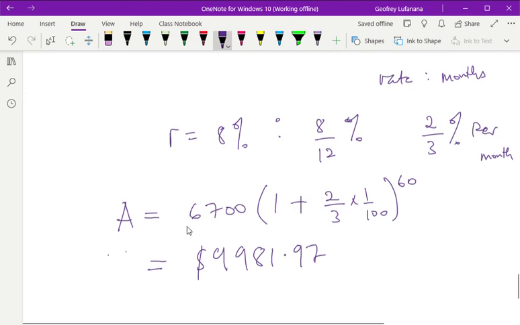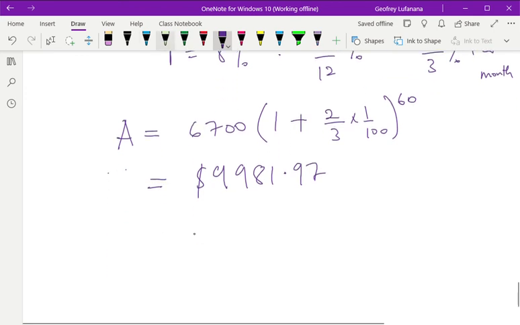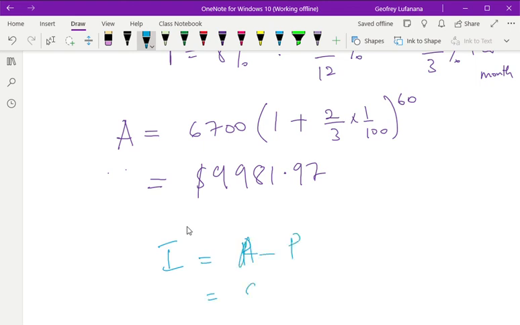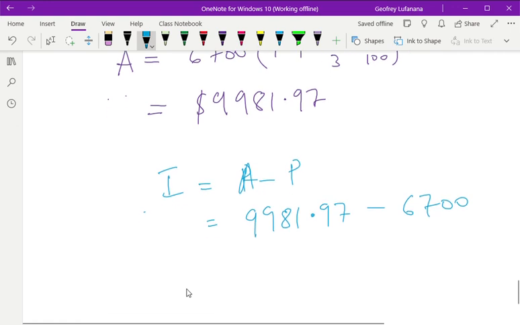Okay, this is our amount. So to calculate the interest, we shall have that interest is amount minus principal, which is 9,981.97 less 6,700, and that yields 3,281.97.